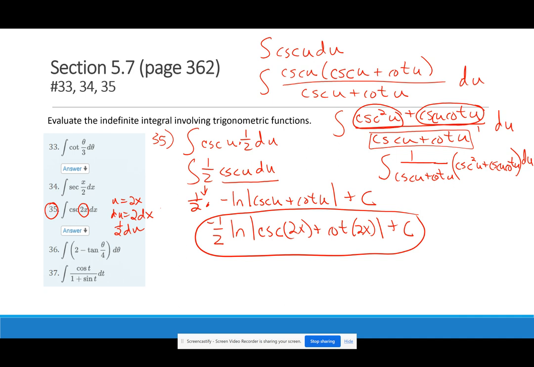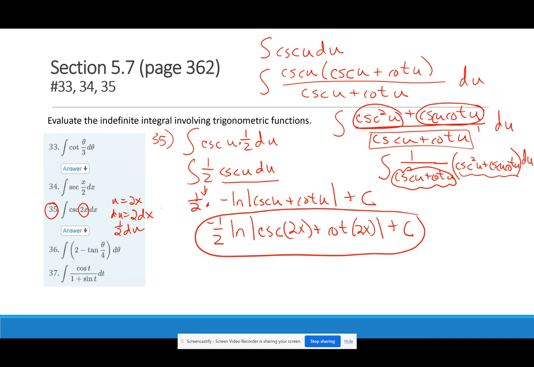Okay. And I wrote it that way because the derivative of this right here is, for the most part, what you see over there, except wouldn't you need a negative? Remember how the derivative of cotangent u was negative cosecant squared u?